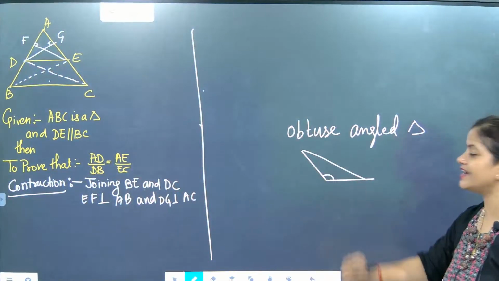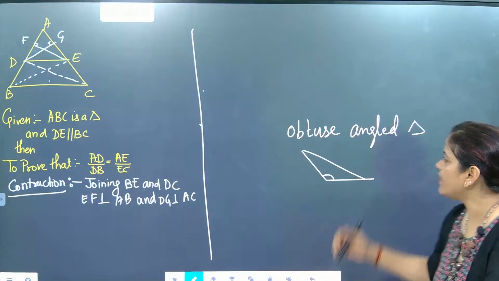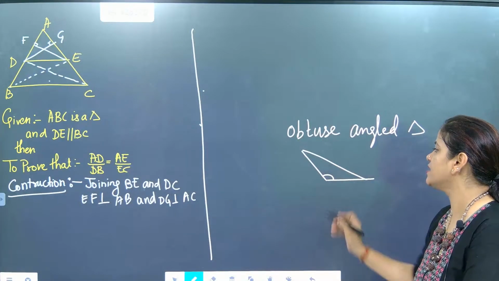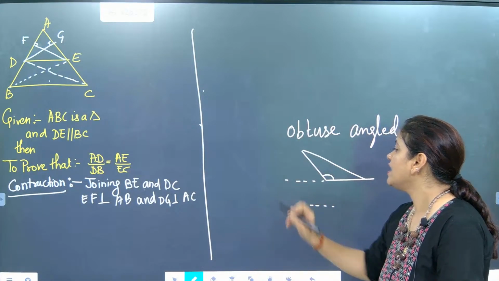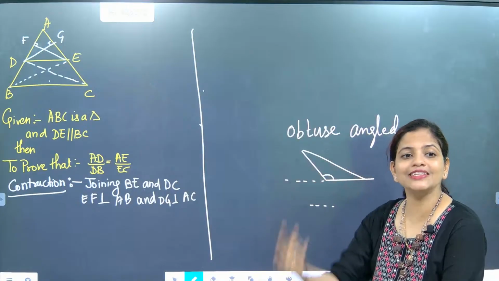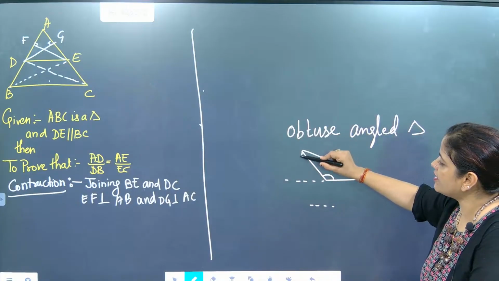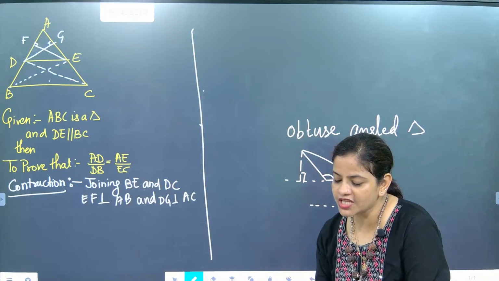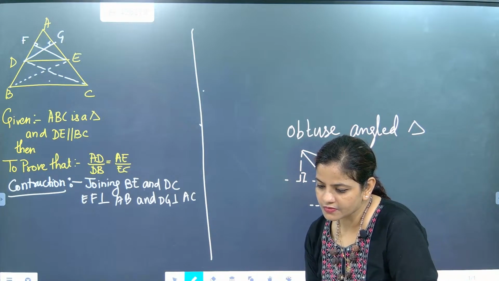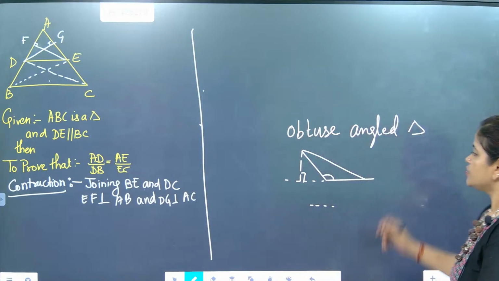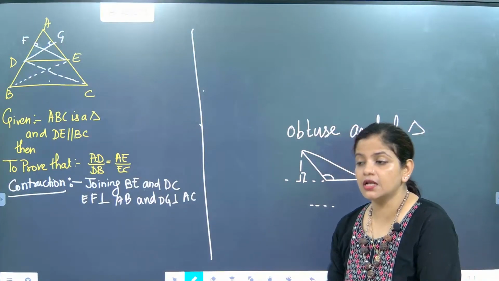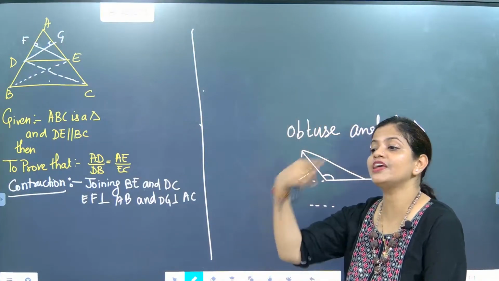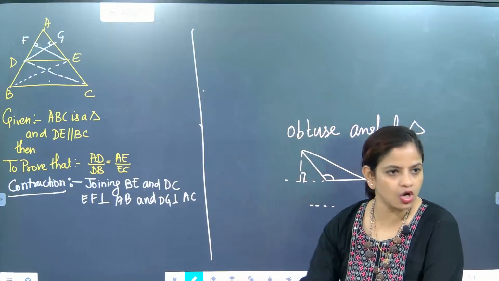Here this angle is greater than 90 degrees. So when I'm drawing an obtuse angle triangle, where is the height? The height is 100% outside the triangle. In an obtuse angle triangle, the height is always outside. That's the first concept. Understood?